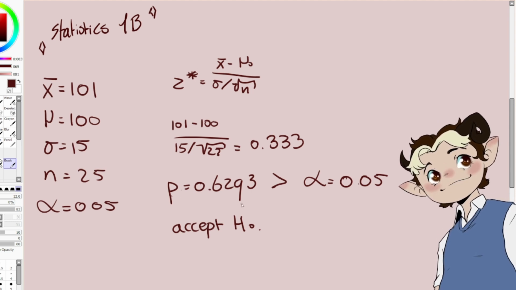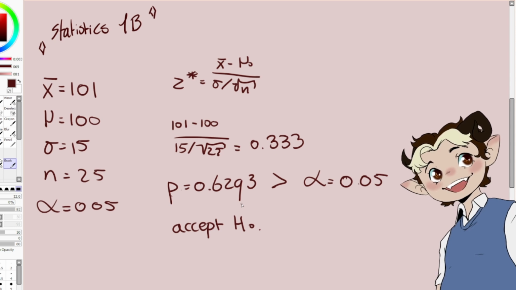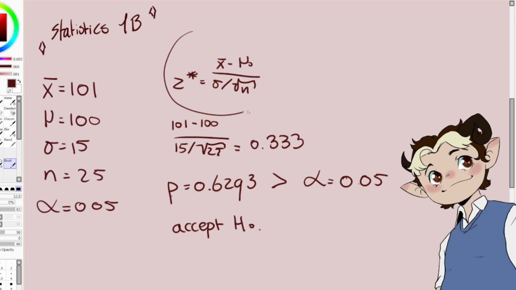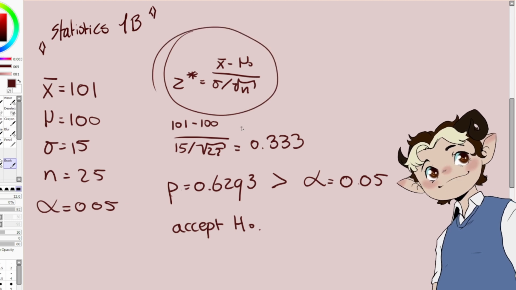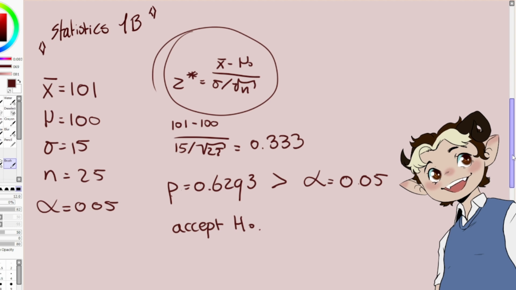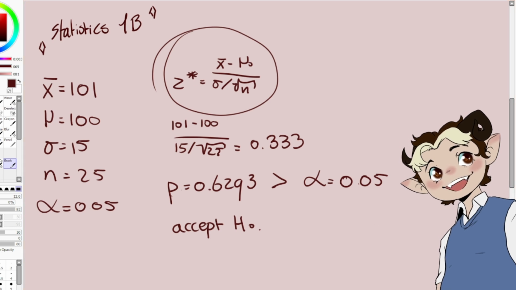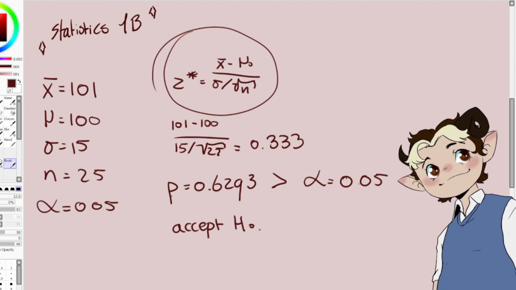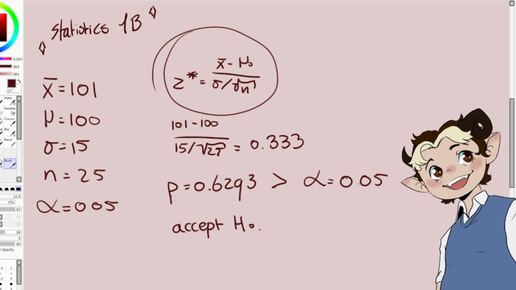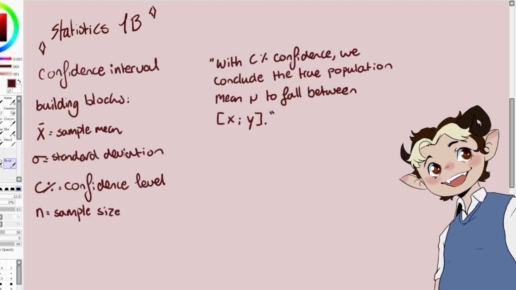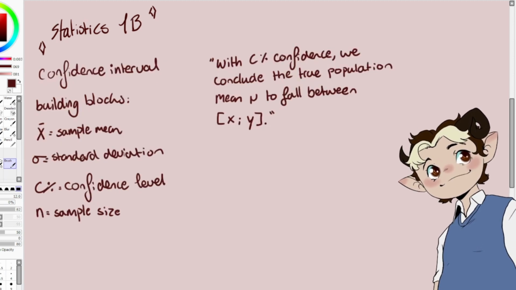From here on out, we're going to modify small things within this main test, but it all boils down to this formula. Anyway, that's all for the basics of the significance test, so let's move on to the basics of the confidence interval.